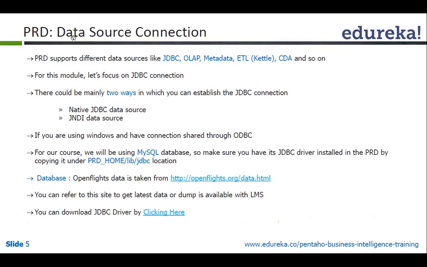So practically, you will always go for JNDI, and the reason is in native JDBC, you will always have to give name, username, password, and URL. Whereas in JNDI, it is externalized. So all these credentials and the hostname are externalized in the JNDI connection.